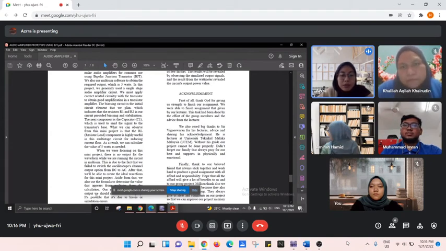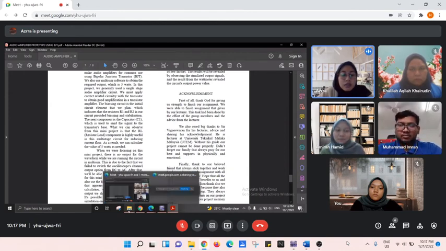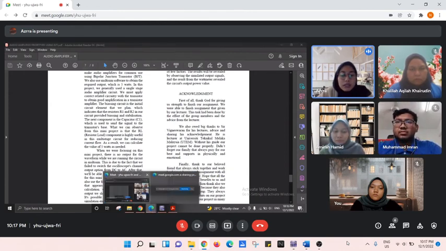When we were working on this mini project, there was no output waveform while we were running the circuit in Multisim. This is because we forgot to switch the oscilloscope channel from DC to AC, and after that we were able to create this ideal waveform for the circuit. We also used formulas to determine the values that appear from Multisim and the calculation. That's all from me.